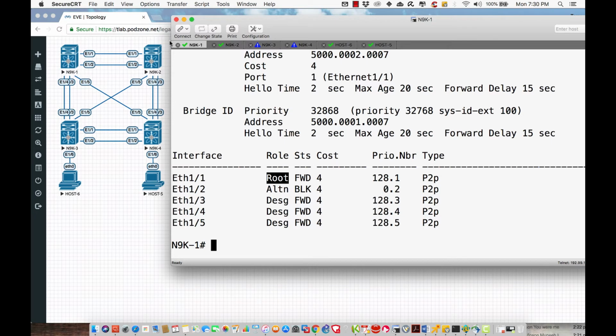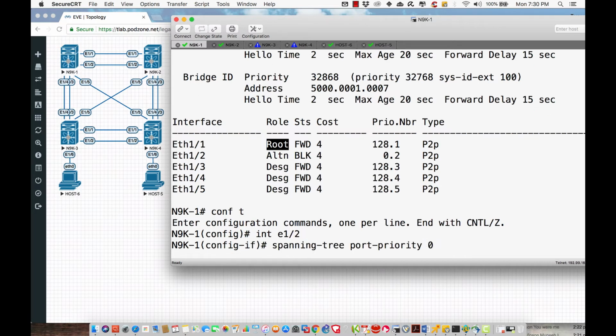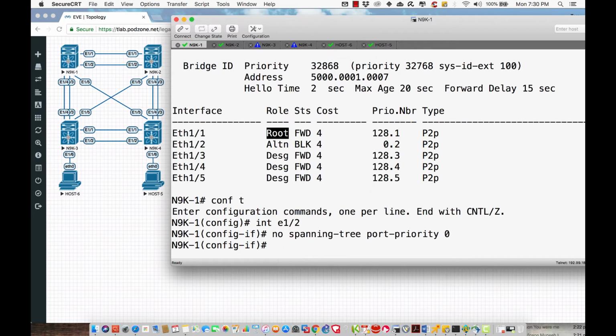What I need to do is go to the root bridge or the upstream device, and have it advertise to me what the value is. Now let's look at this. So first of all, I'm going to remove that configuration. I'm going to go back into Ethernet 1.2 and say no spanning tree port priority 0.